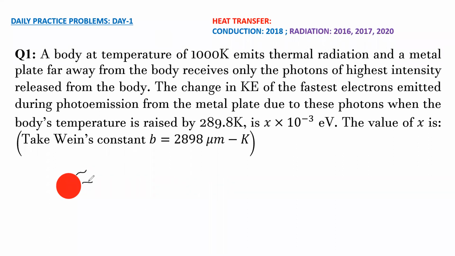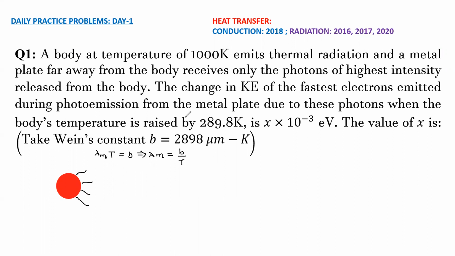The heat radiation will have all wavelengths, as you know, and Wien's displacement law tells us that the high intensity wavelength lambda m follows the displacement law, that is lambda m into T equal to a constant b. So lambda m is equal to b divided by T.